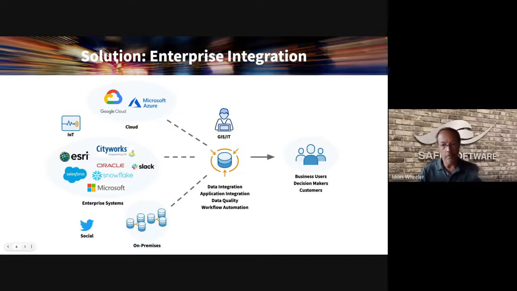Right in the middle is FME kind of doing a bunch of processes on the data for these various departments, business makers, customer end users, the GIS and the IT department. And then these are the types of different data sources that we're working with. Next, please.